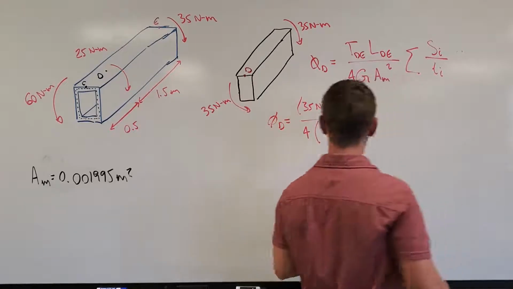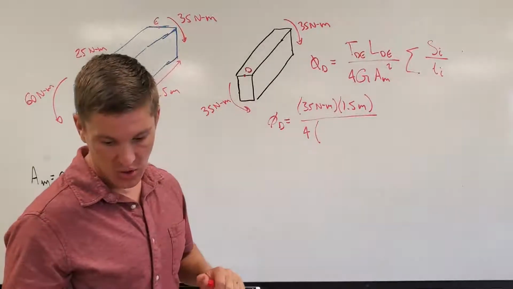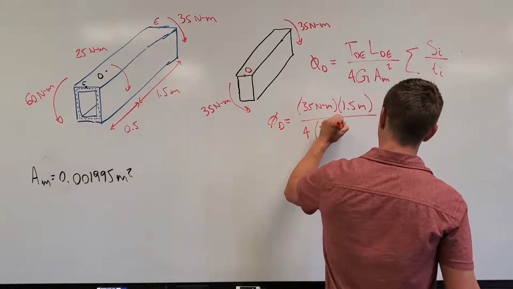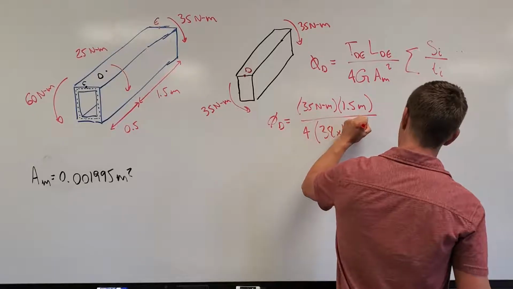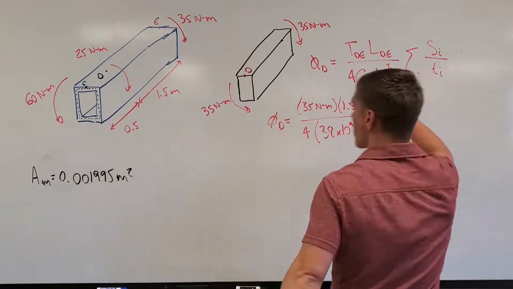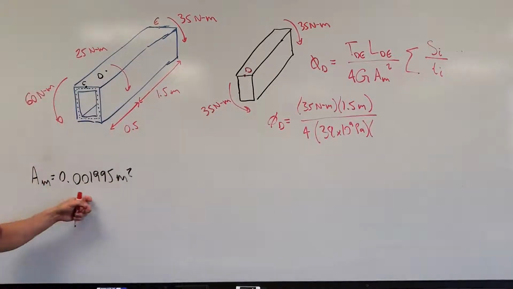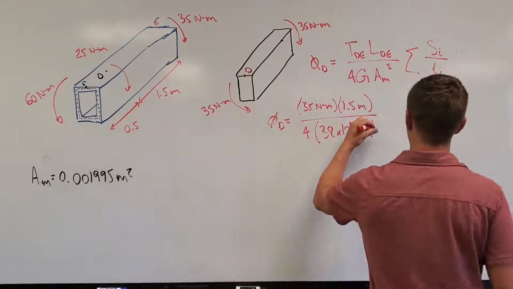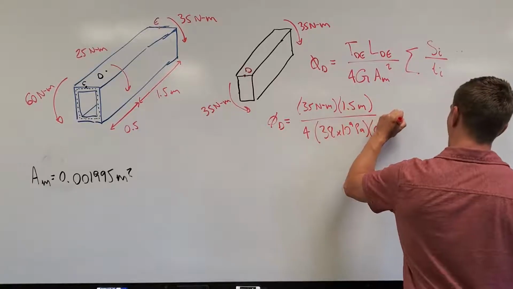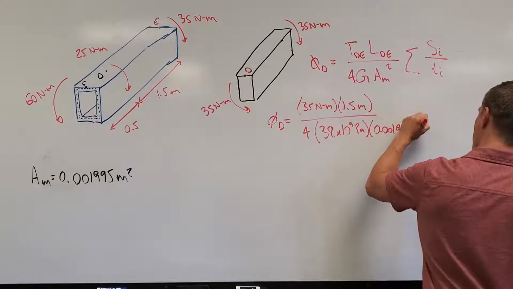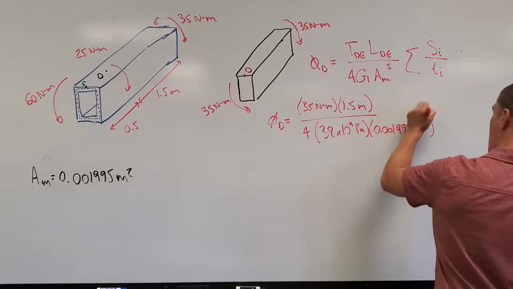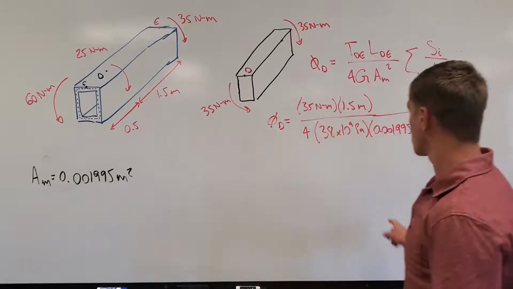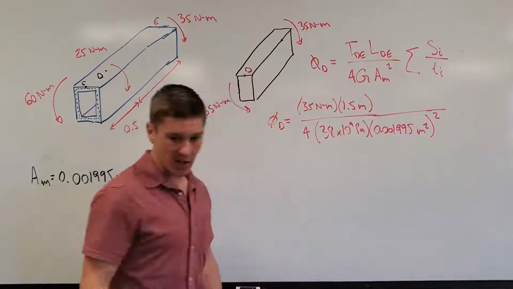The modulus of rigidity was given as 38 gigapascals, so 38 times 10 to the 9 pascals. And our mean area, we already found in the first part of the problem, was 0.001995 meters squared, and they want us to square that value. All right, that's everything in our leading coefficients.